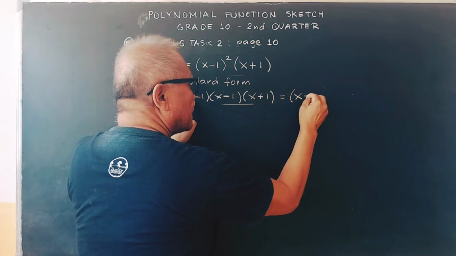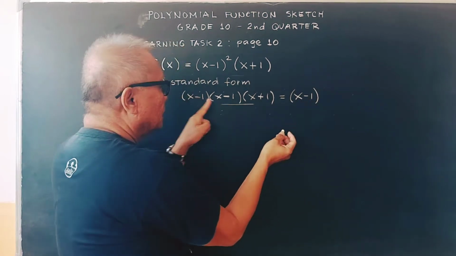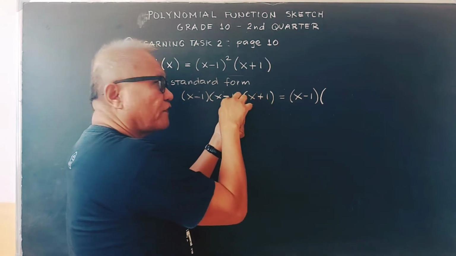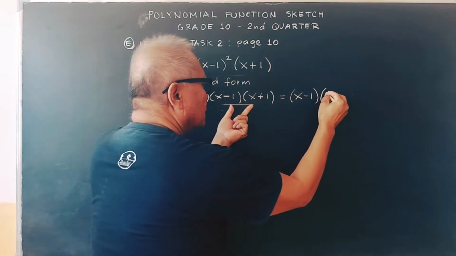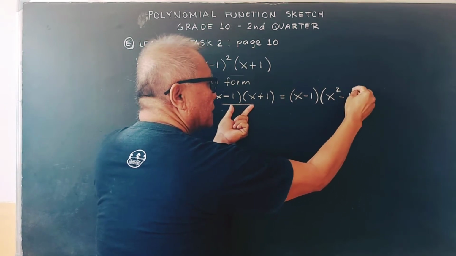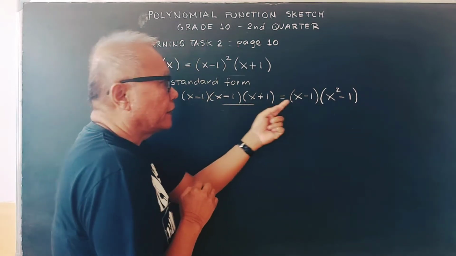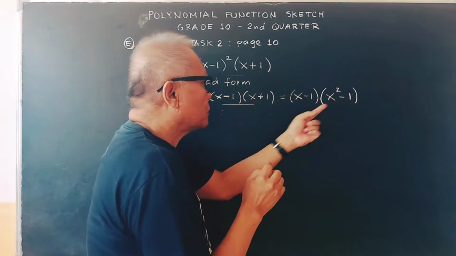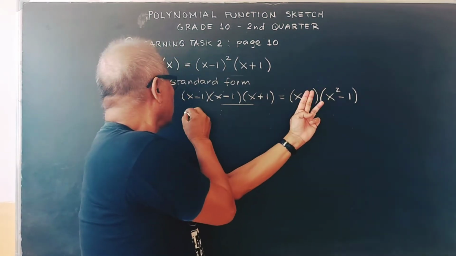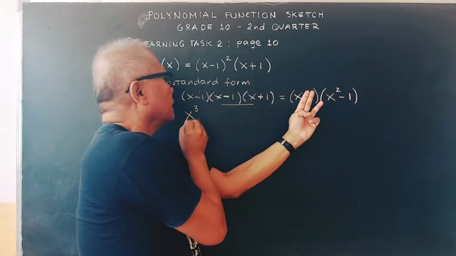So, I have x minus 1 times this one. We have the sum and difference of binomials, so you have x squared minus 1, times 1 is 1. And then multiply this one and this one. So, you have x first: x times x squared, so we have x cubed here.